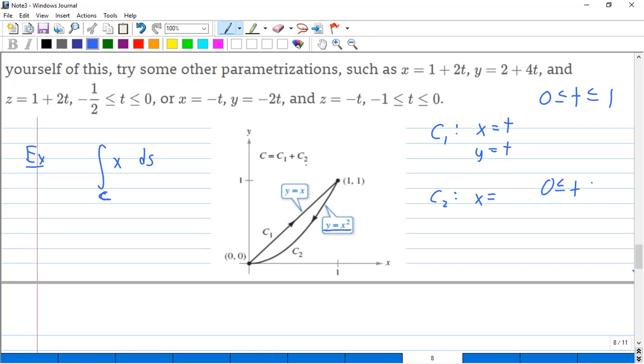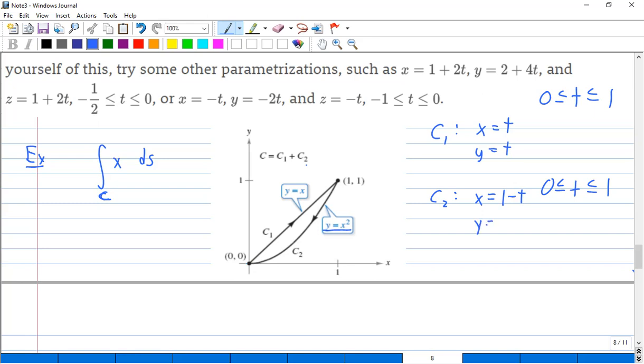I still want to go between 0 and 1. So to get x here, if I plug in a 0 and get out a 1, and plug in a 1 and get out a 0, I'm going to have to let it be 1 minus t. Plugging in a 0 gets out a 1. Plugging in a 1 gets out a 0.